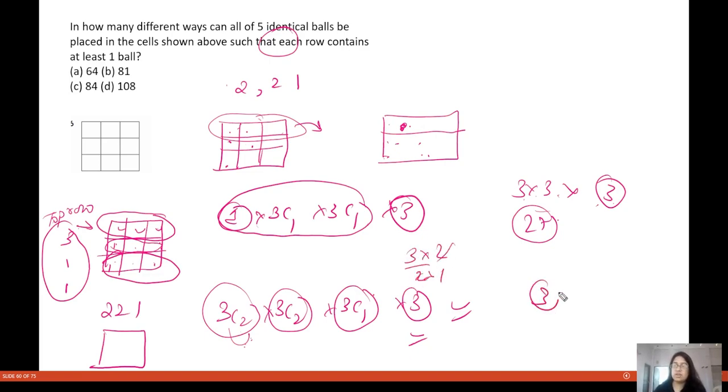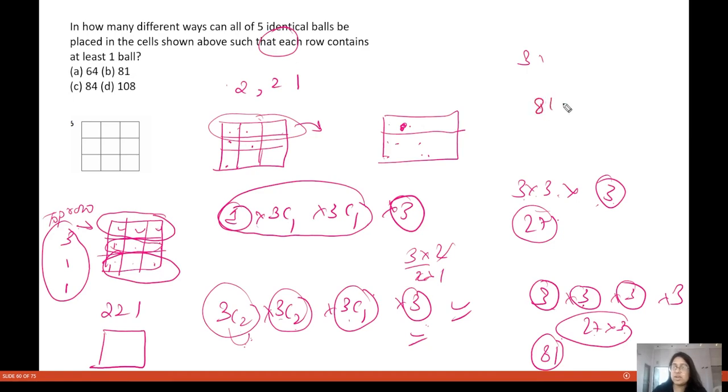And 3C1 is also 3. So 3 into 3 is 9, and 9 into 3 is 27, and 27 into 3 is 81, and you have 27 more here. So you get 108 here.